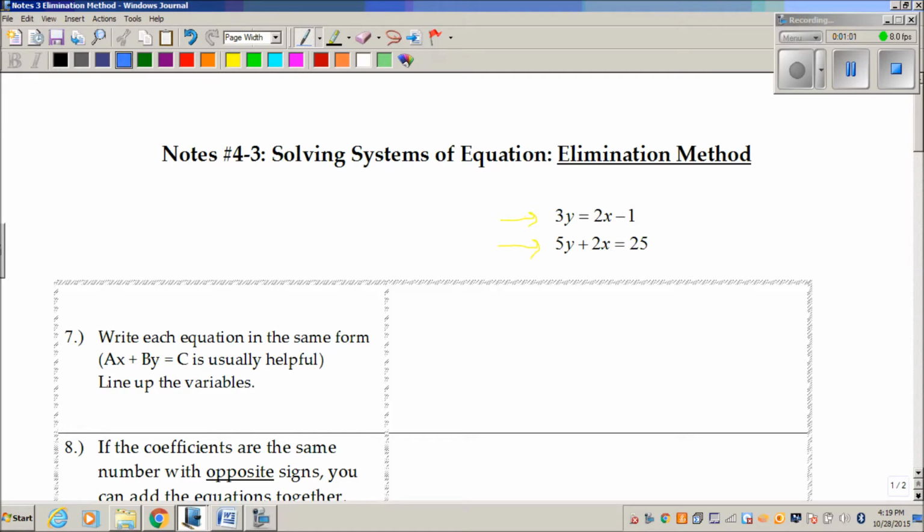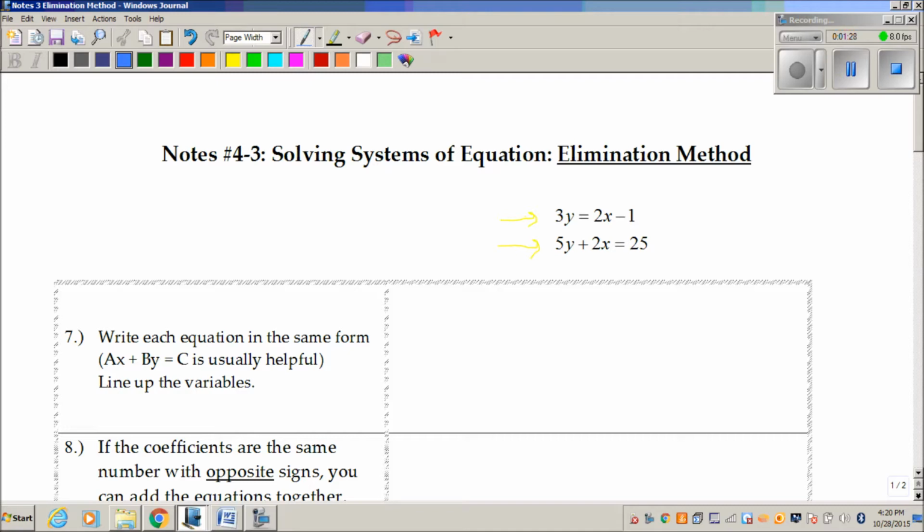So the first step here, I'm sorry, this says step 7 because it's a continuation of the previous list. The first thing we're going to do is write each equation in the same form. In other words, we want to line up the variables. Notice how in the first equation the y is by itself on the left-hand side and x is on the right, whereas in the second equation x and y are together on the left side.